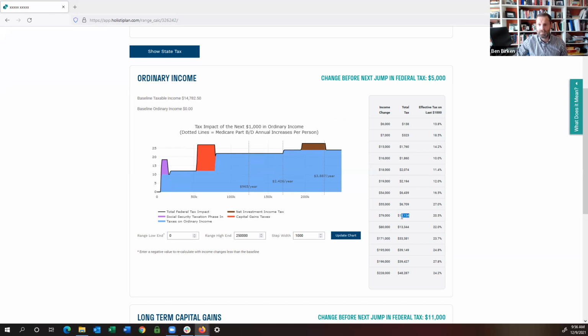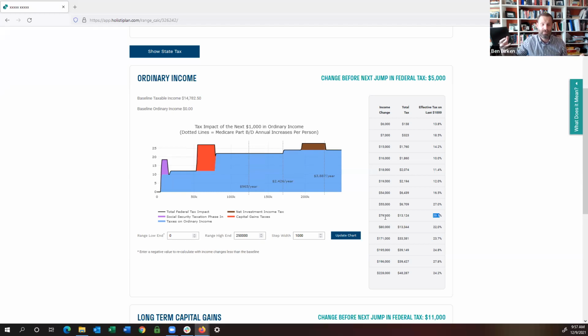So the total tax will be about $13,000. The effective tax on that last $1,000 was 20.5%. But on the whole, if I just divide $13,000 by $79,000, my effective rate on the whole thing is going to be less than 20%, right? It's going to be in the 16 to 17% range.